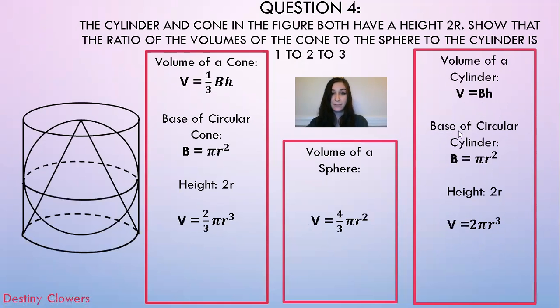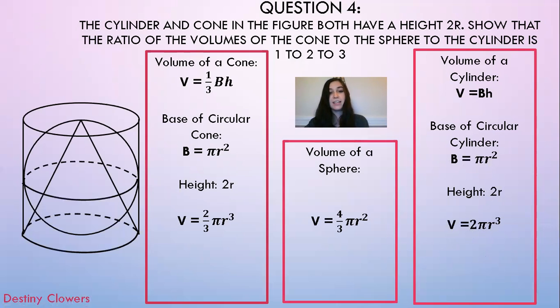And once again, like we did over here, we've got to find the base of the circular cylinder. And luckily, it's the same formula, which is B equals pi r squared. And once again, we're given our height from the problem, which is 2r. So when we plug those things into our formula, our new formula will be V equals 2 pi r cubed.